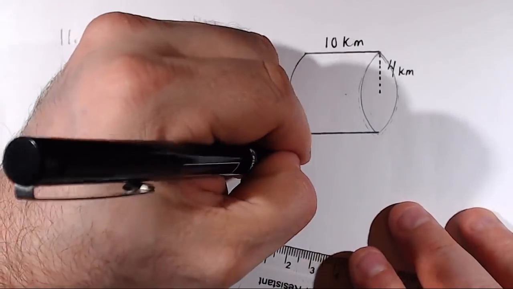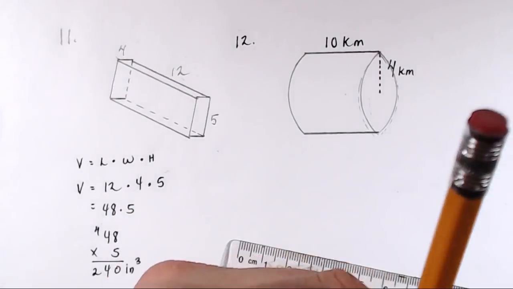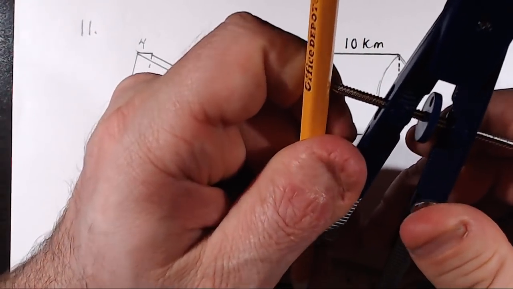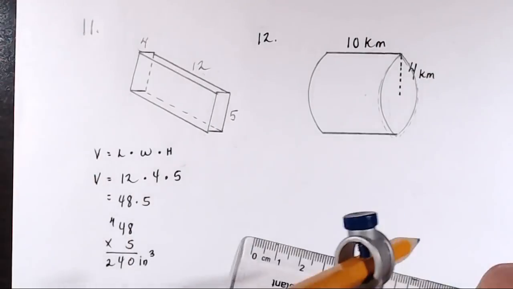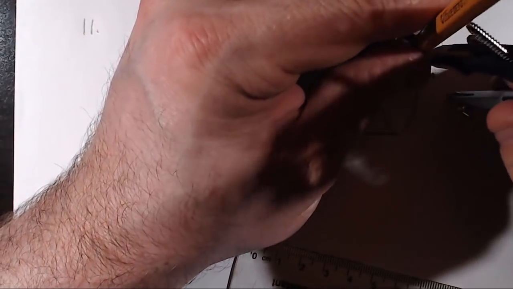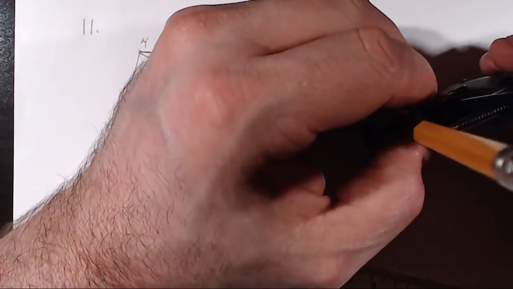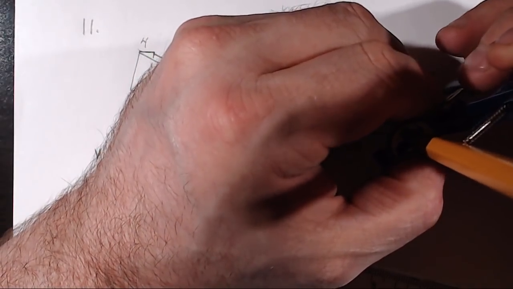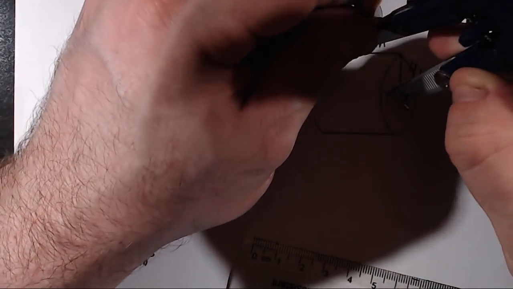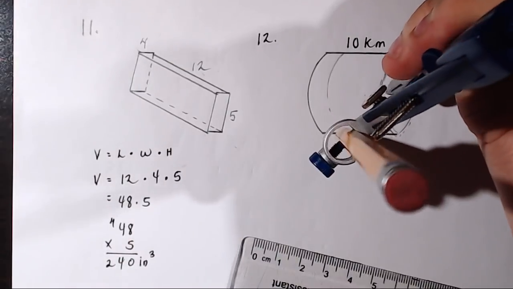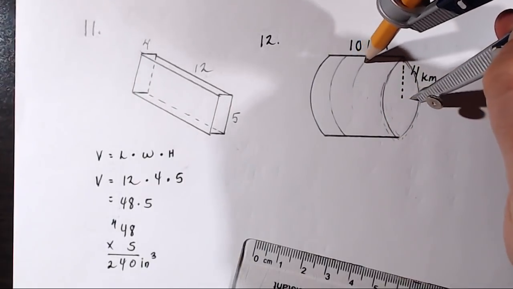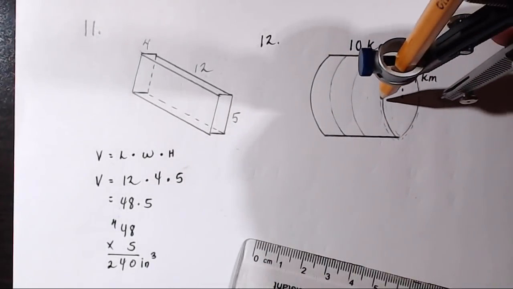Okay, so a cylinder, if you think about it, the reason I utilize the compass here is because a cylinder is really just a whole bunch of circles stacked on top of each other. The way to think about it is I could have drawn many of these lines. See this? Could draw a whole bunch of them. So it's like a whole bunch of circle areas stacked up on top of each other.